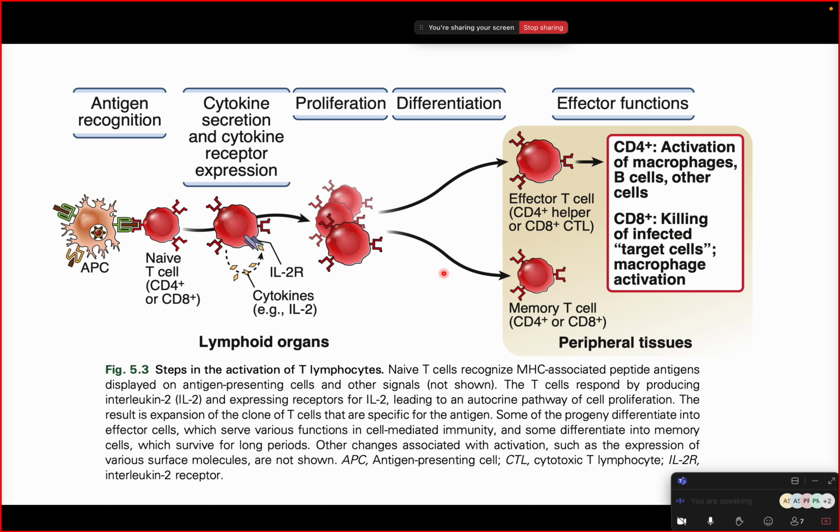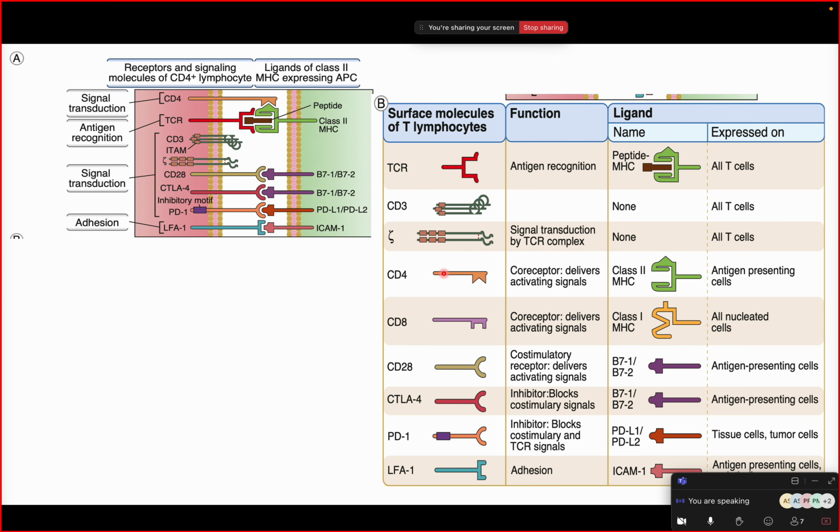Okay, so this is the overall process of how T cells or cell mediated immunity is taking place. Before today, we discussed the humoral immunity, which also had parts of CD4 positive T cells, CD8 positive T cells, antibodies, right?